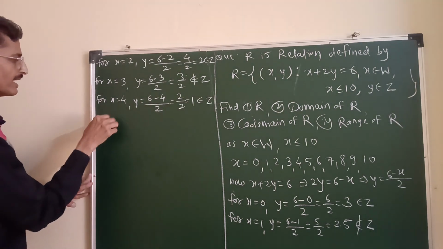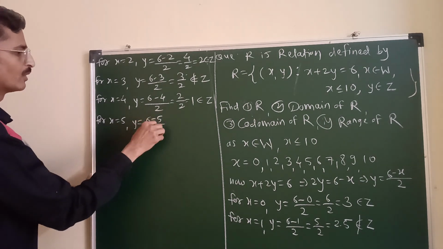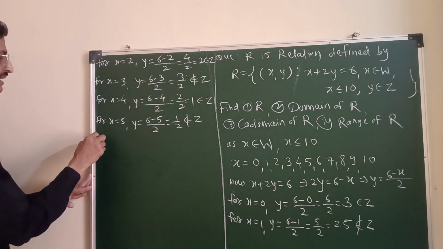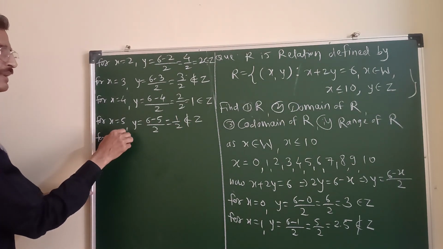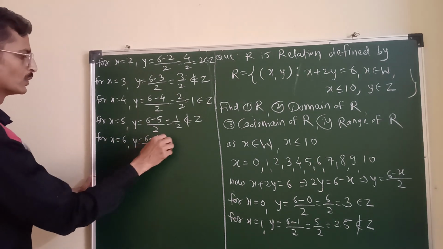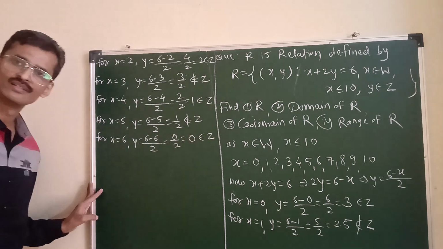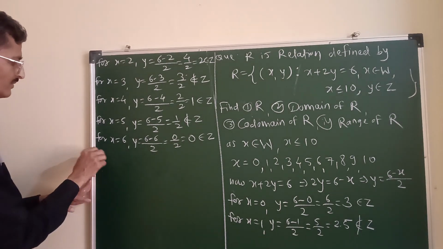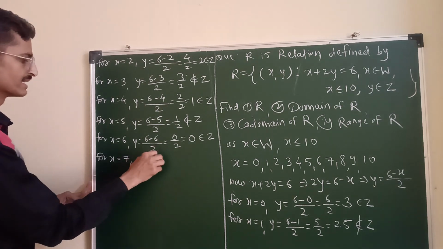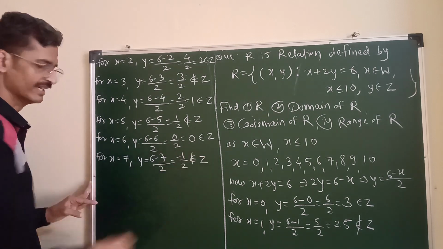Next, for x = 5, y is (6 - 5)/2, that is 1/2, which does not belong to the integers. Next, for x = 6, y is (6 - 6)/2, that is 0/2, which is 0. 0 is an integer, right? Next, for x = 7, y is (6 - 7)/2, that is -1/2, which is not an integer.